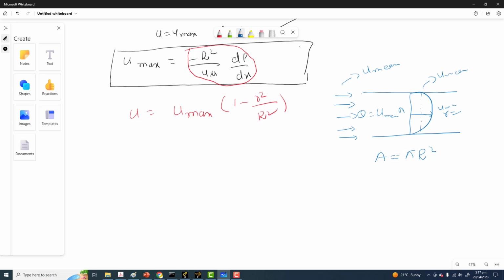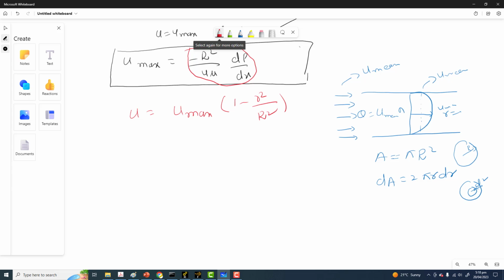But if you take the area for a small element, this dA would be equal to 2 pi r dr. This is very much a clear thing. For the complete area, this will be pi r square, and for a small element, this will be r and dr, so 2 pi r into dr. Just look at the lecture I explained earlier in this same section. So this is what we have right now.